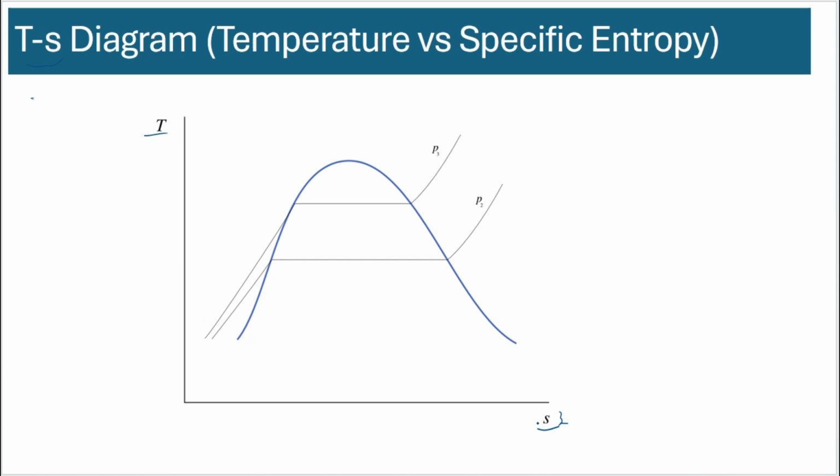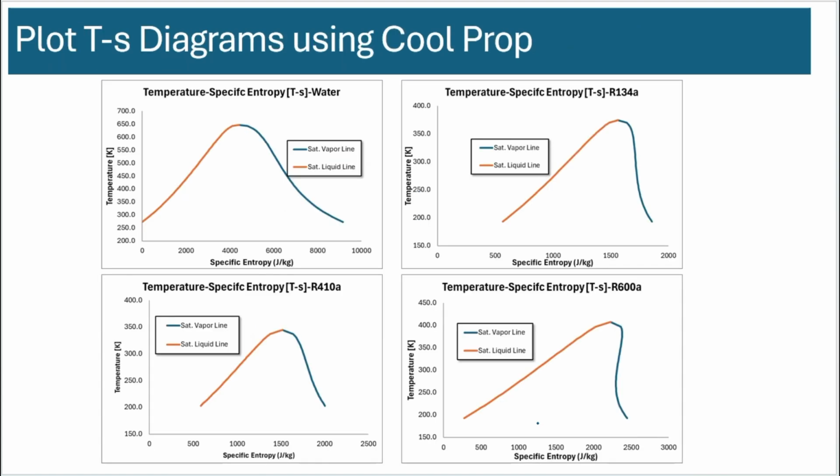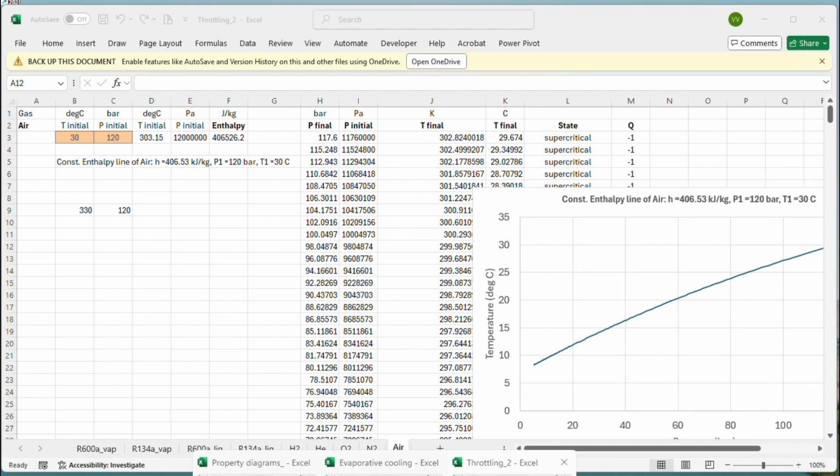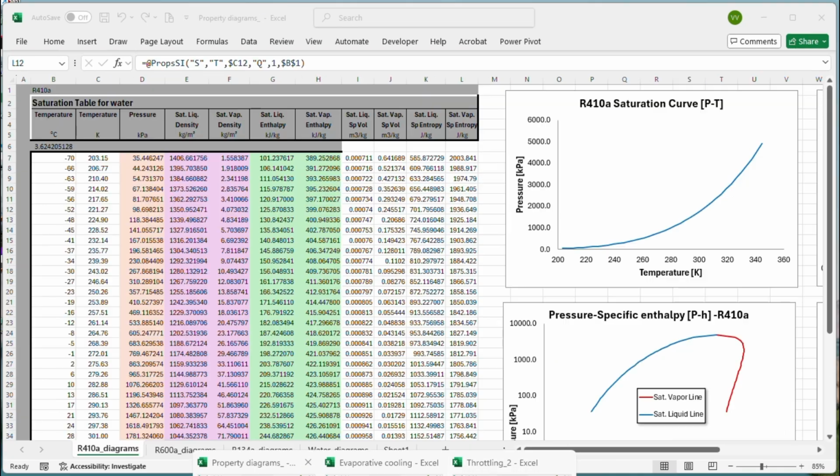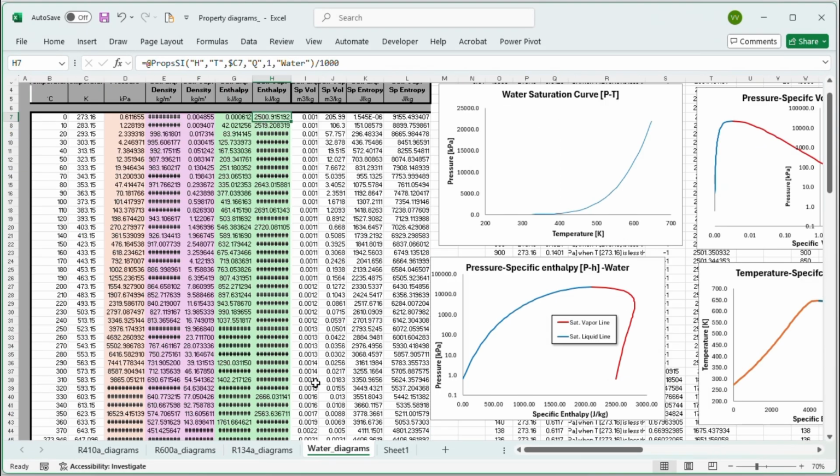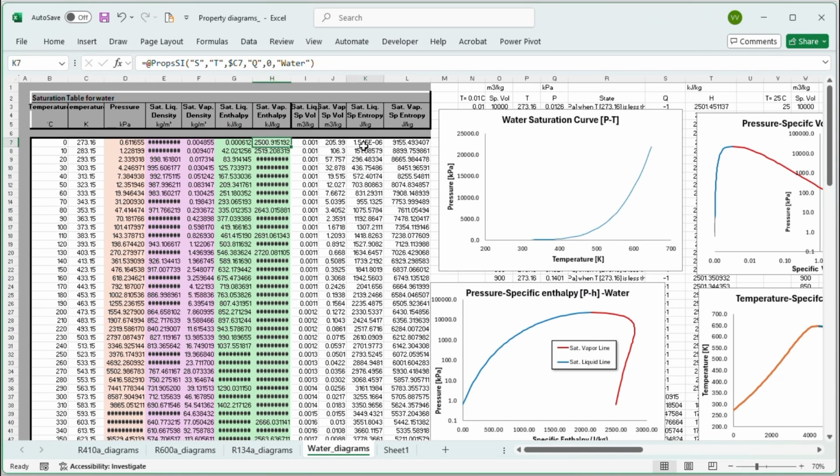Okay, so let's try to create these plots. Again, if you go back to the Excel file, property diagrams, this is where you're calculating entropy. And by the way, all the properties that we are calculating today are specific. They are per kilogram.